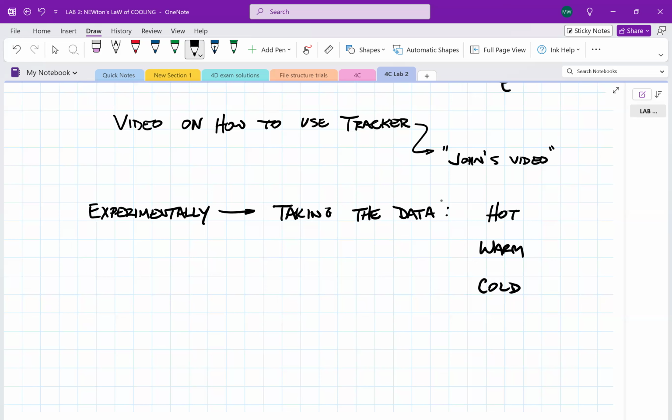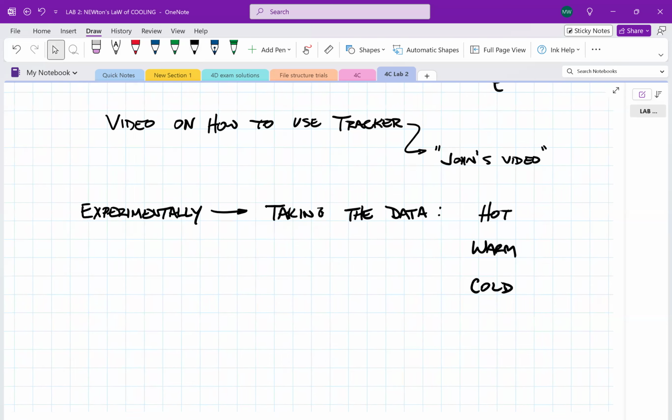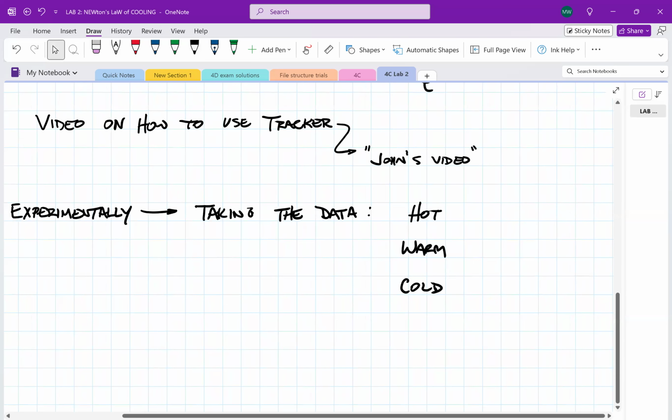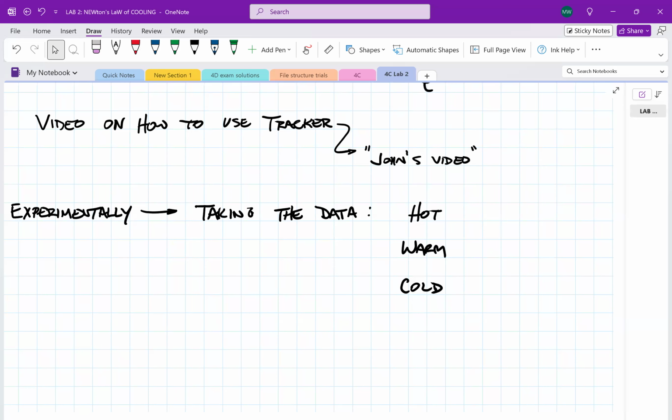I'd like us to make sure that we get 15 to 20 data points. We put them into Google or whatever online tool, or if you want to use Excel on your own computer, that's fine. Attach the file in, however you do that with whatever spreadsheet you're going to use.